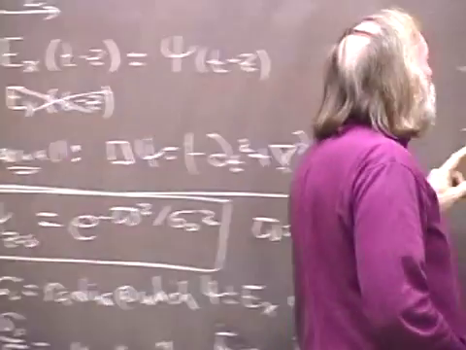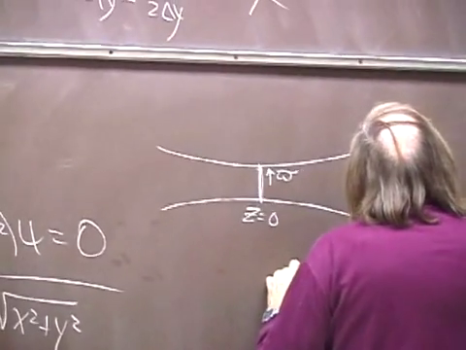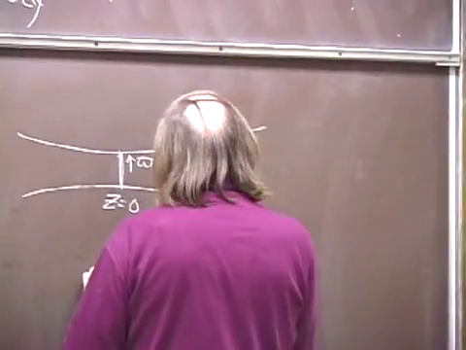Now the spreading can be described by the transverse distribution down here a distance z.